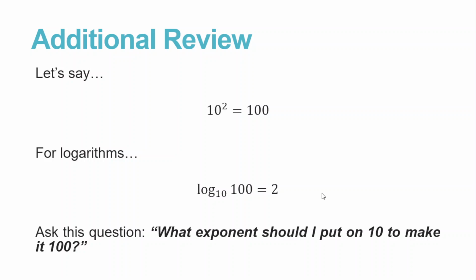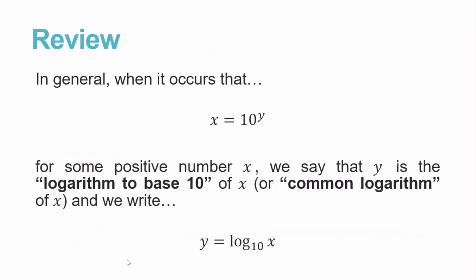Here we ask this question: what exponent should I put on 10 to make it 100? In math language, that's log base 10 of 100 is equal to 2. Think of logarithms as the opposite of exponents.